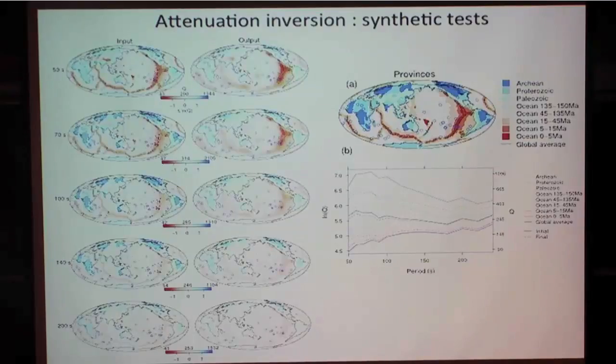It depends what your data are, what you model. In our case, we model the waveform, so we model the amplitude and the phase. If we do not invert for the quality factor, and your quality factor model is wrong on average for many paths, it is likely that you will introduce a bias in the velocity that you get.